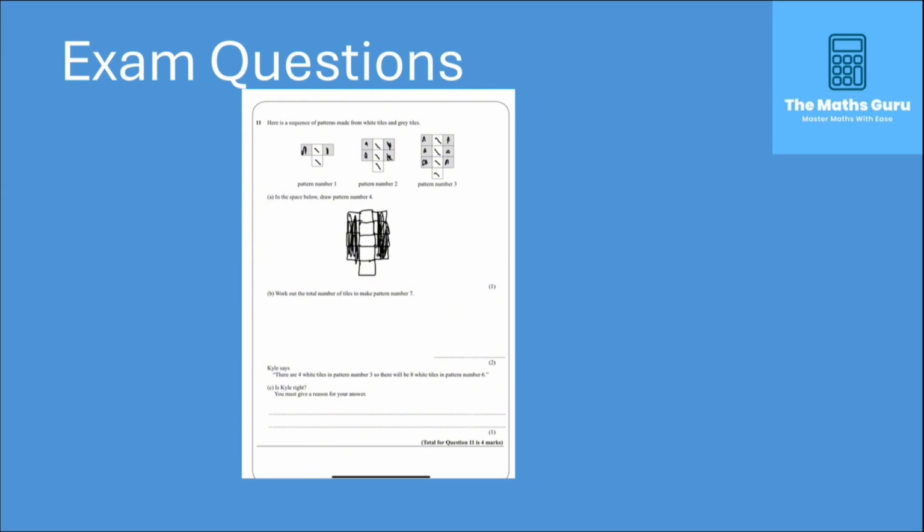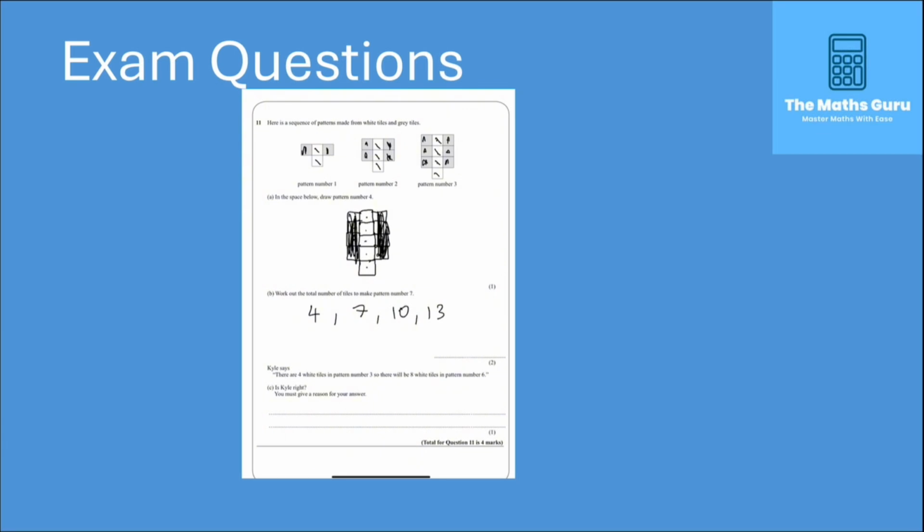Work out the number of tiles to make pattern 7. We can see that pattern 1 takes 4 tiles to make the design. Pattern 2 takes 7. Pattern 3 takes 10.